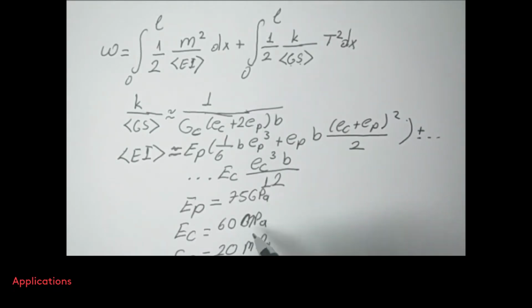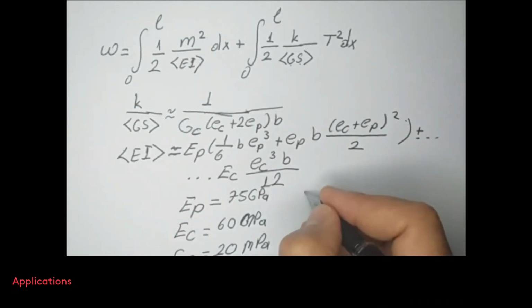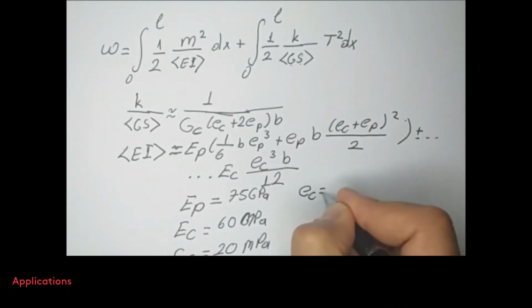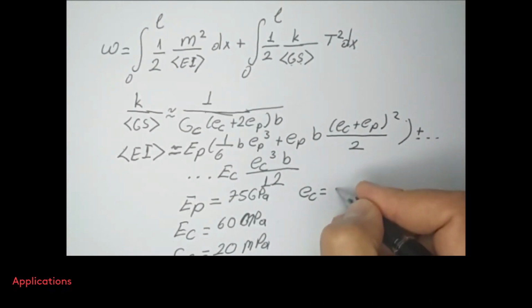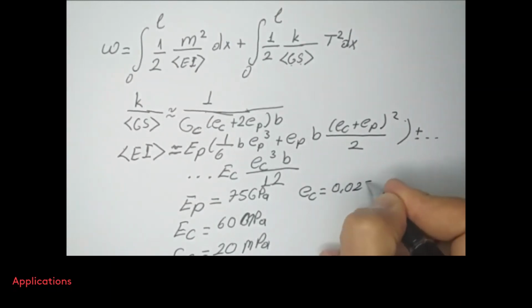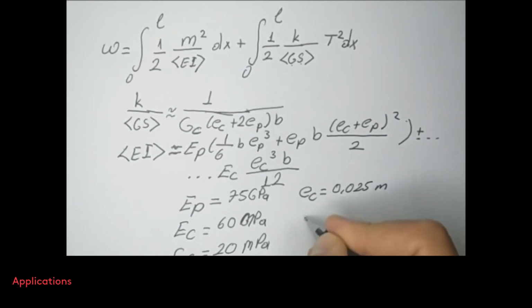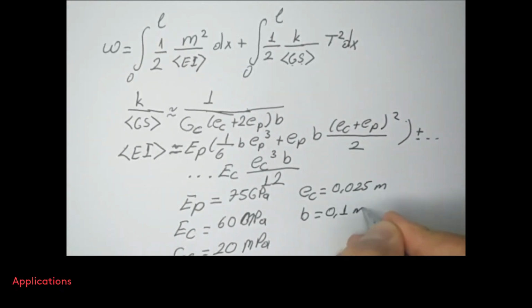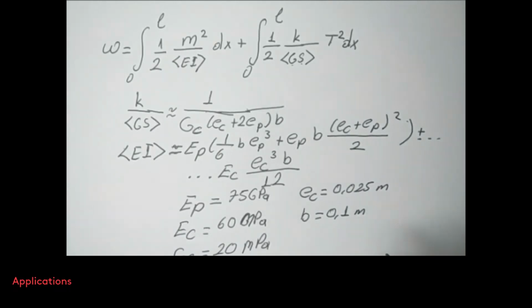Okay, so the core material has a thickness of 0.025 meters. Width of the beam is 0.1 meters, and EP is equal to 2.5 millimeters, 0.0025 meters.